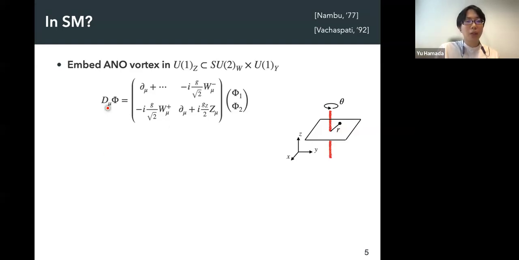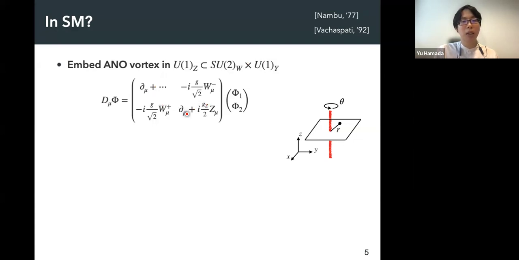Naively, we can consider such an object by embedding the Nielsen-Olesen vortex into the U1Z part in the SU2 times U1 symmetry. So let's consider the Higgs doublet with some covariant derivative. Here, the covariant derivative is of course given by the 2x2 matrix from the Pauli matrices and some U1 hypercharge diagonal part.